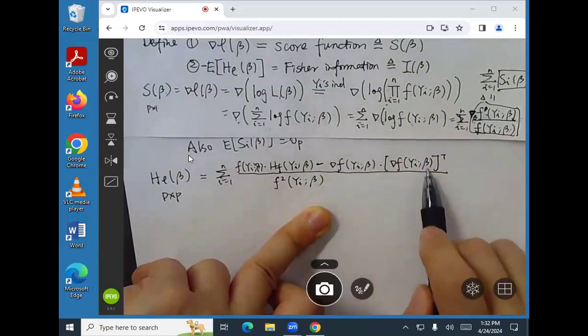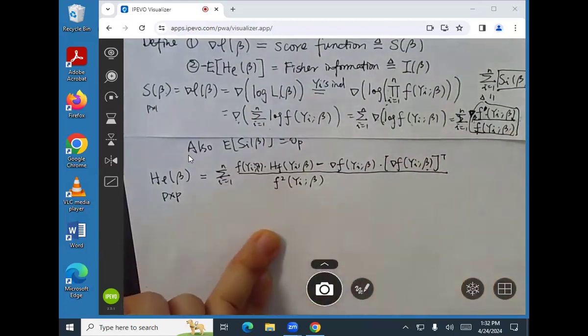P by 1 times 1 by P gives P by P. All right, and then this is the Hessian.